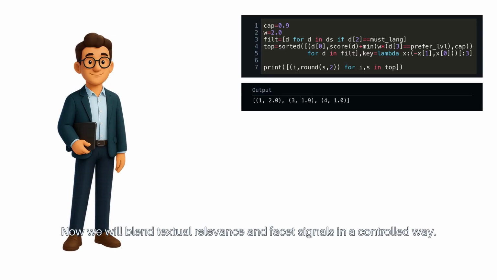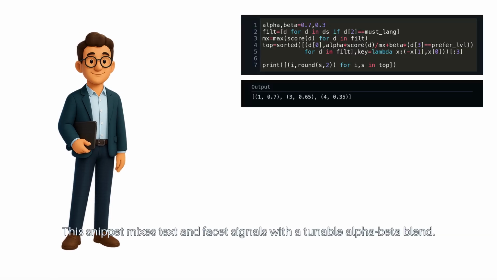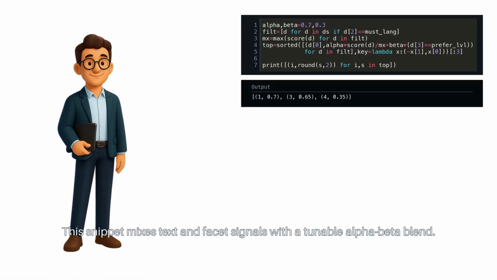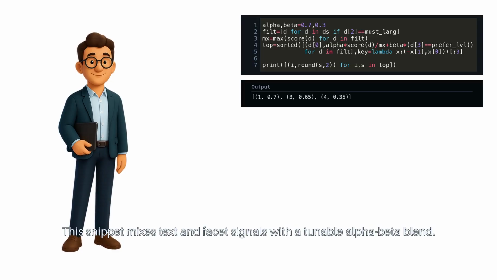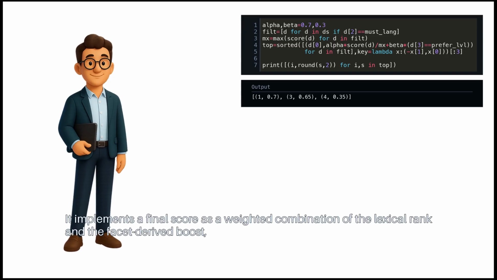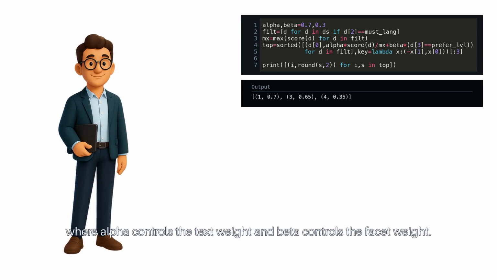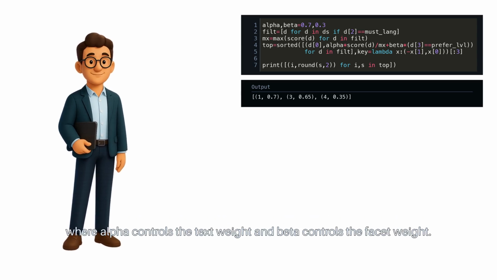Now we will blend textual relevance and facet signals in a controlled way. This snippet mixes text and facet signals with a tunable alpha-beta blend. It implements a final score as a weighted combination of the lexical rank and the facet-derived boost, where alpha controls the text weight and beta controls the facet weight.